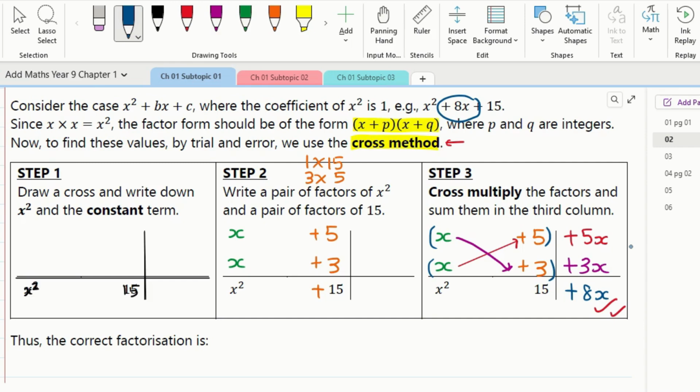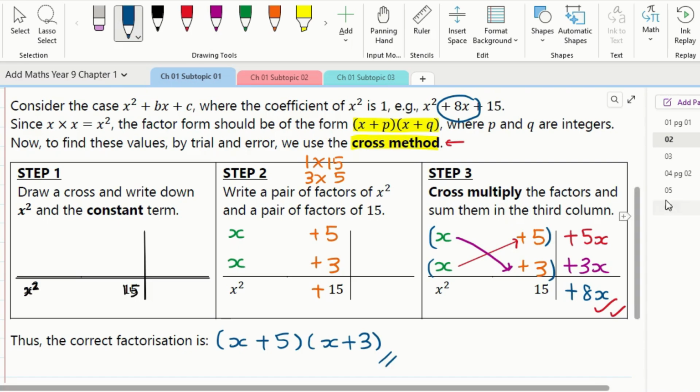So here, the first bracket will be x plus 5. So you are going to write down the factors horizontally, pair by pair. So here, x plus 5 is the first pair of brackets, and the second pair of brackets is x plus 3. As simple as that.